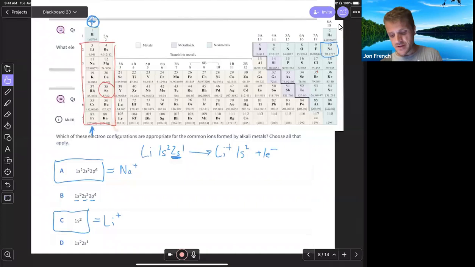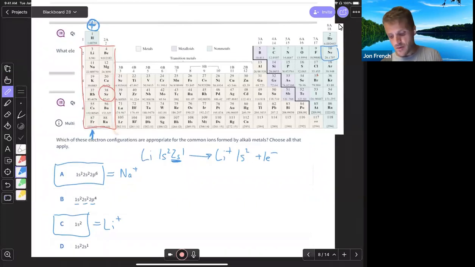And then, so I don't have to skip to the next page, what is choice E? I think choice E is also an answer. It's like neon, 3s2, 3p6. Is that choice E? Yeah. And that's also the electron configuration of argon.